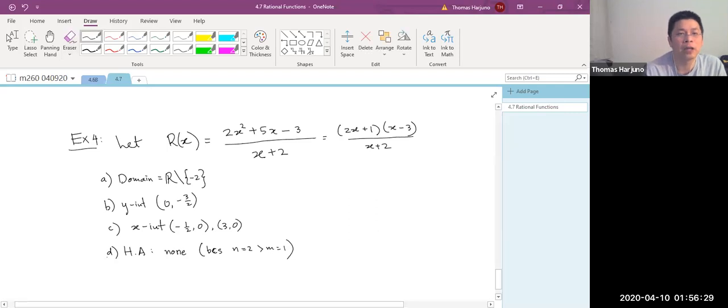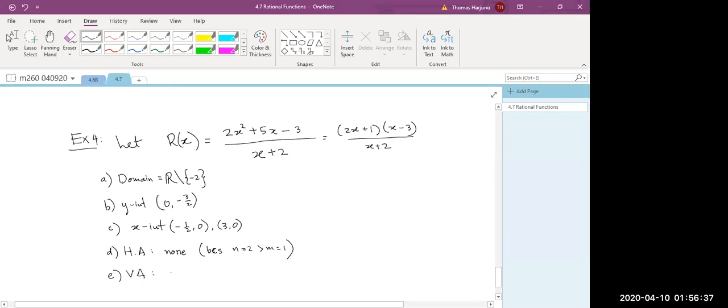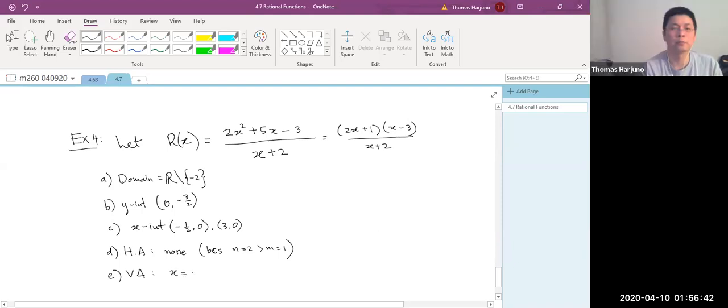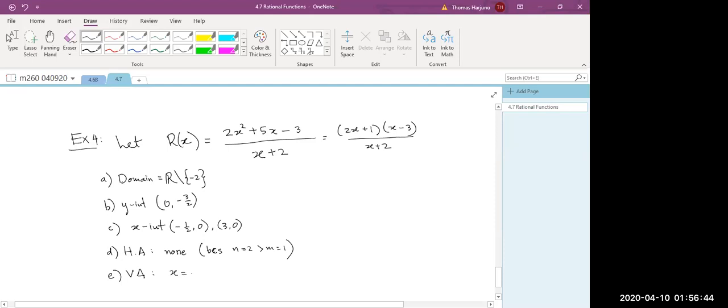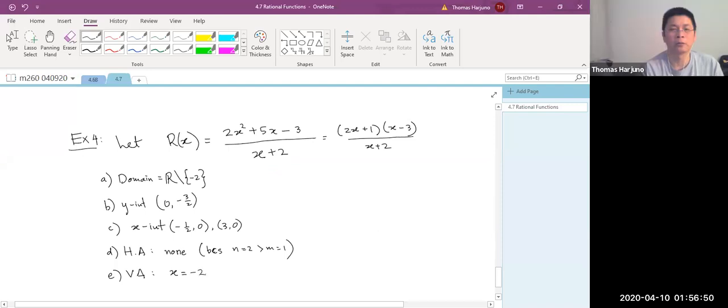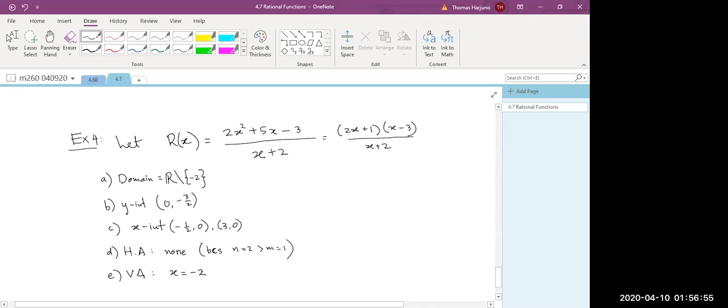How about the vertical asymptote? x equals 2, almost right. That's further away. It's the zero of the denominator: x equals -2.